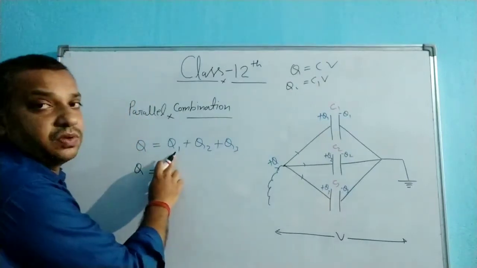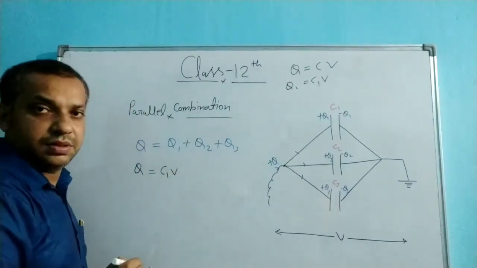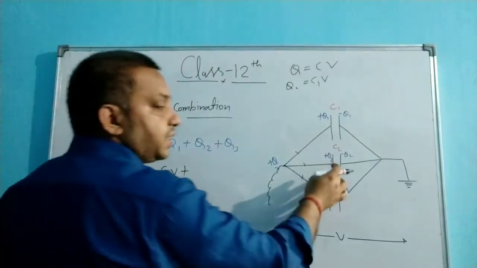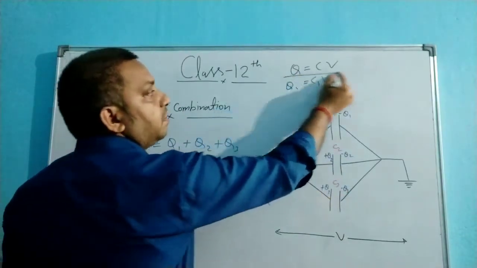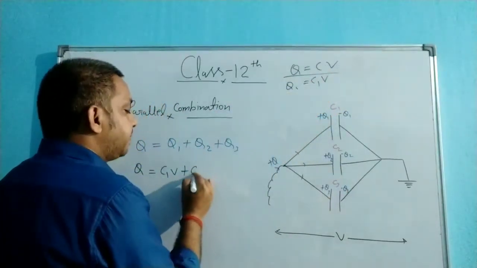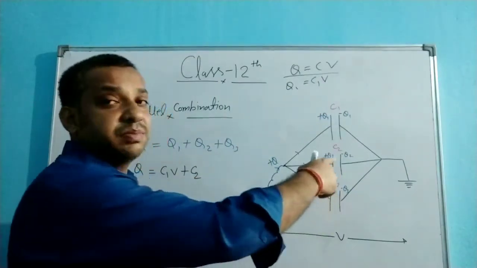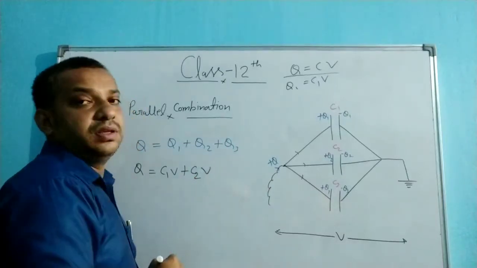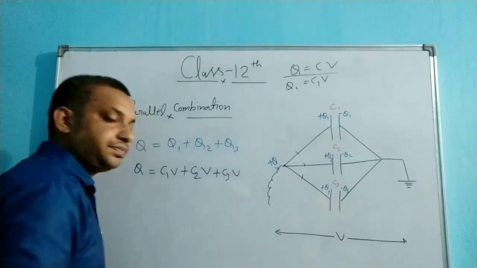So in place of Q1 you can write C1 into V. Clear? For Q2, the charge present on the second capacitor, again from the same formula Q is equal to CV, the capacitance C2 and the potential across the second capacitor. Again it is a parallel combination, so the potential will be the same. So C2 into V. Similarly for Q3, it is C3 into V.